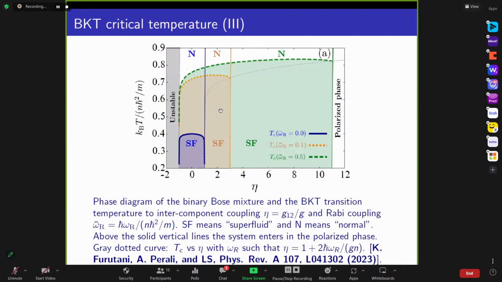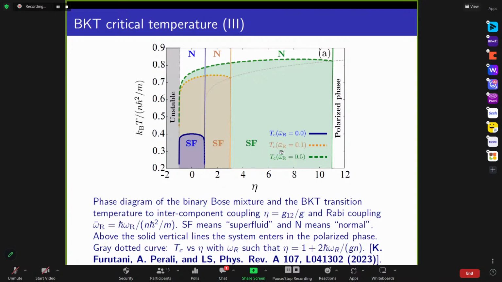Now, if you switch on the Rabi frequency, for instance, 0.1, you have the orange result for the critical temperature, and the region is enhanced, and you have a region where you have superfluidity below this dashed orange curve here. And above it, you have the normal configuration. And on the right of the vertical solid orange line, you have the polarized phase. And instead, in the green region, you have the unstable phase.